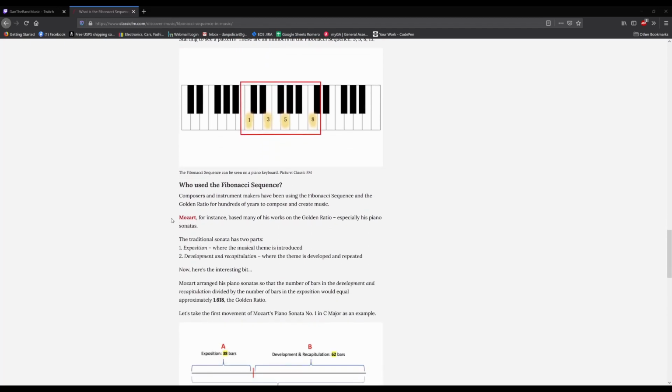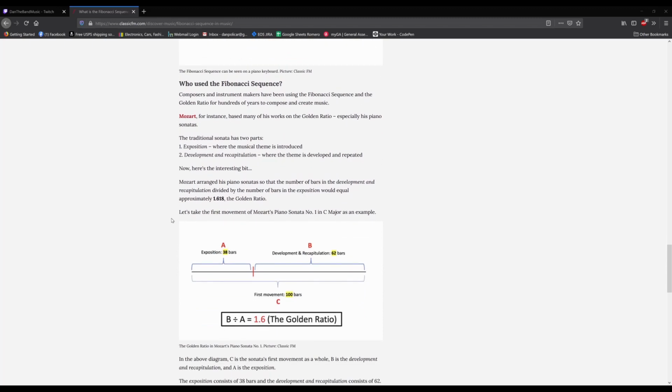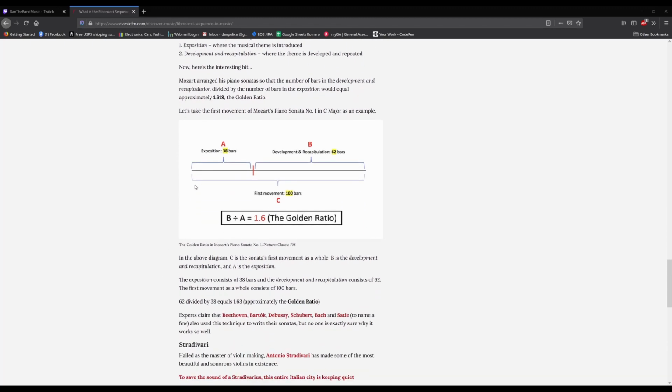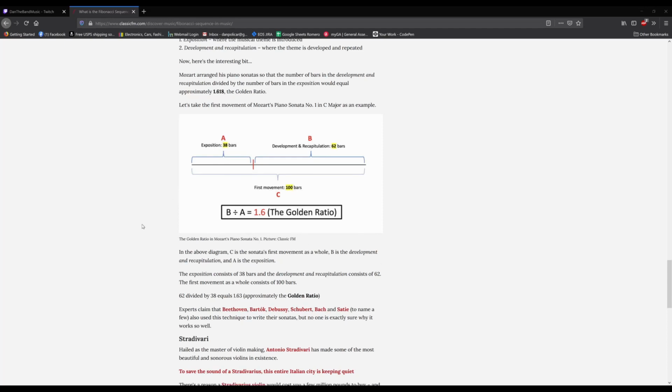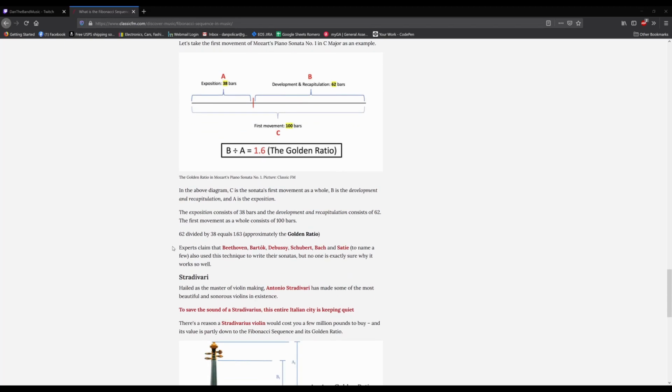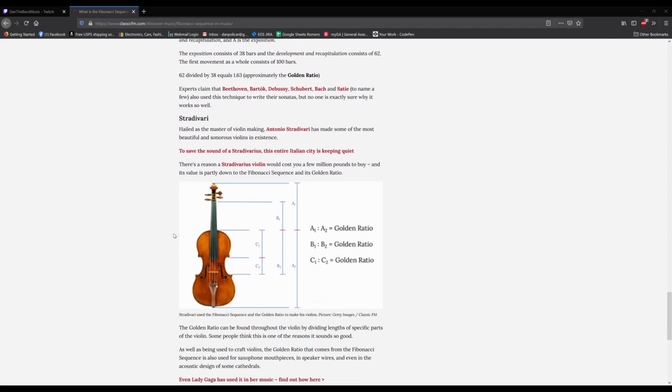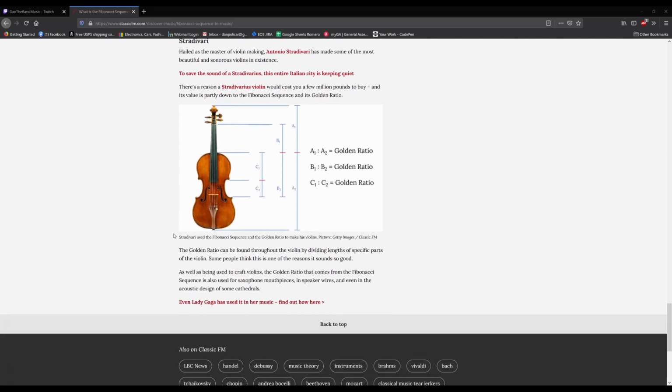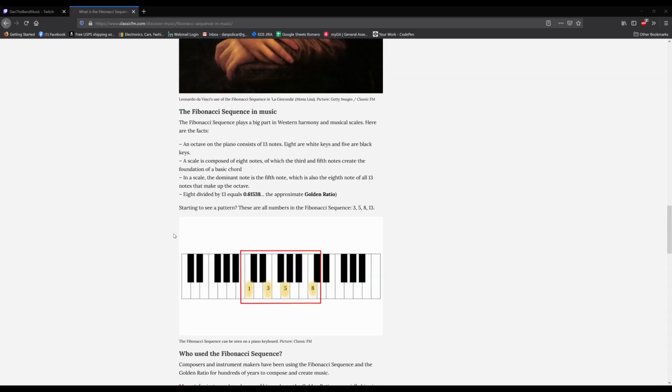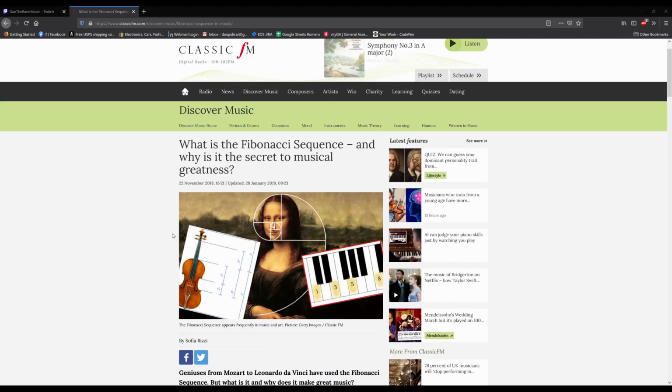Mozart. Piano sonatas. I don't know that I would use this exactly to write music, but it's something about how long the length is in reference to the climax of the music.